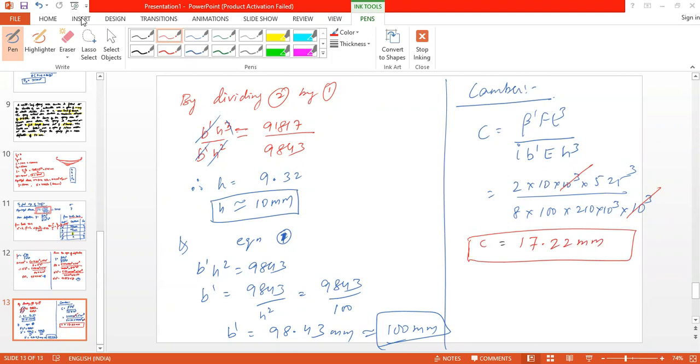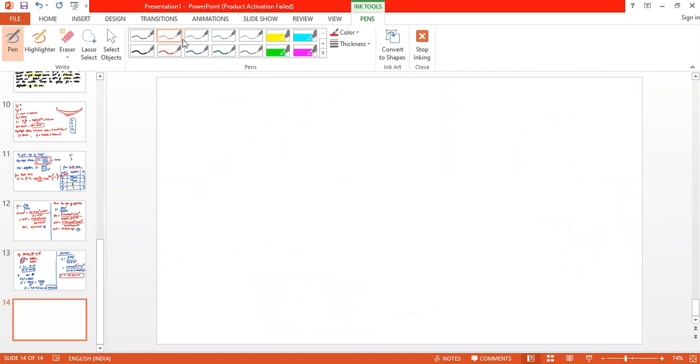So this is camber. And what is the load on the central band?